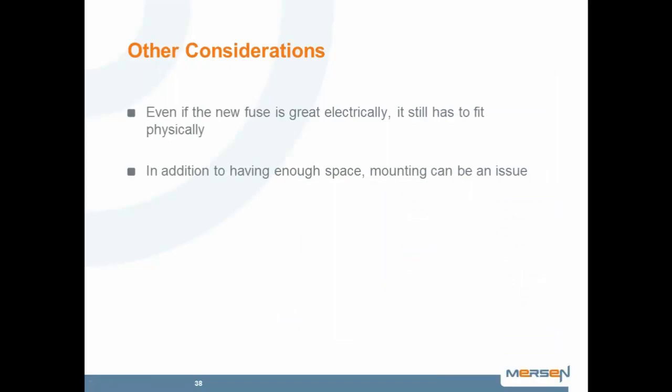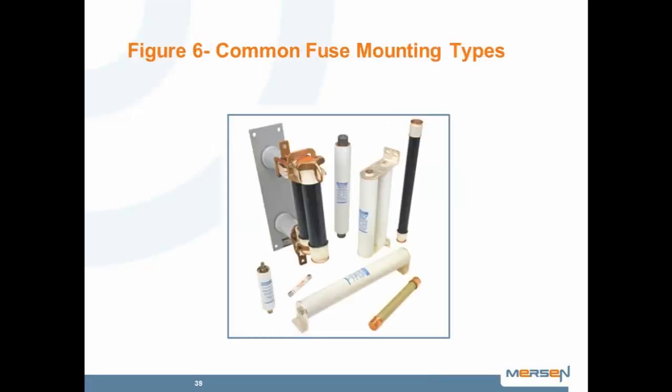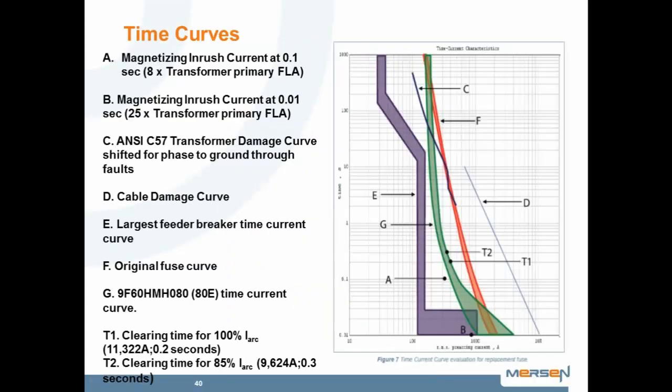Other considerations: even if a new fuse is great electrically, it still has to fit into the space, and sometimes you have to modify or replace the fuse clips. This is an overall diagram. This is showing the 9F60HMH fuse, and it has to be coordinated with all the requirements.